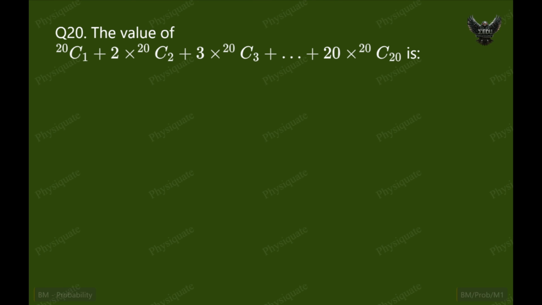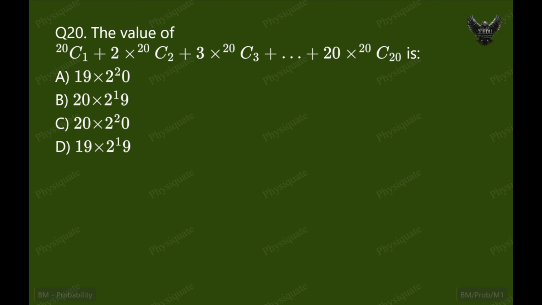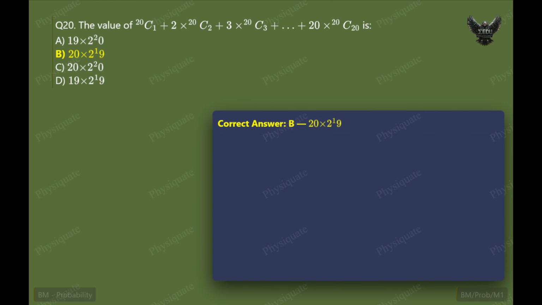Question 20. The value of 1 times C(20,1) plus 2 times C(20,2) plus 3 times C(20,3) plus and so on plus 20 times C(20,20) is. Correct answer is option B. Binomial theorem gives the expansion of (1+x)^n in terms of combinations.